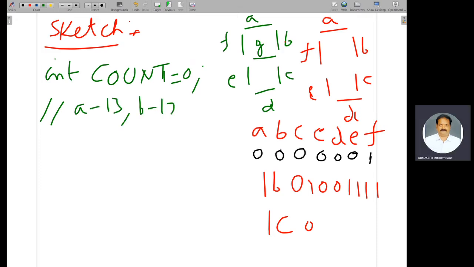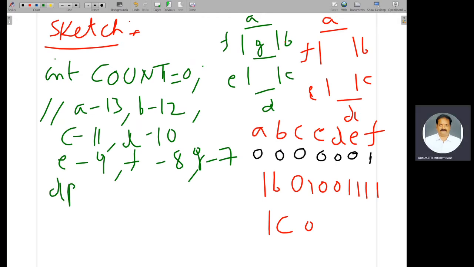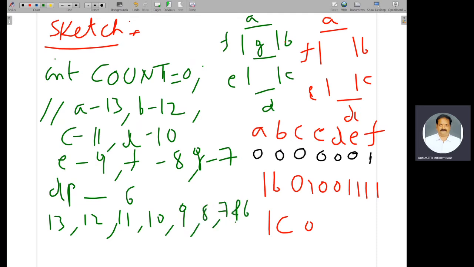B segment is assigned to 12th pin, C segment to 11, D segment to 10, E to 9, F to 8, G assigned to 7. Decimal point is assigned to 6. These 13, 12, 11, 10, 9, 8, 7, and 6 are the digital pins of that Arduino board.